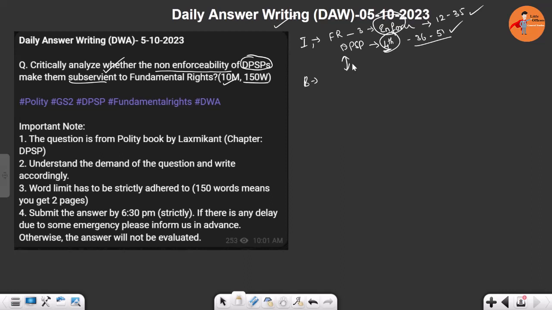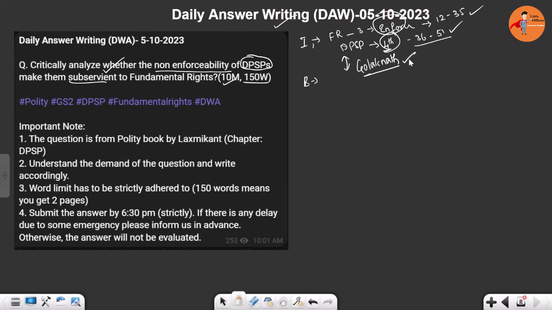As early as the Golaknath case, that is where the tussle came out, where the government tried to abrogate certain fundamental rights in order to implement DPSPs. That is when this issue first went to the Supreme Court.